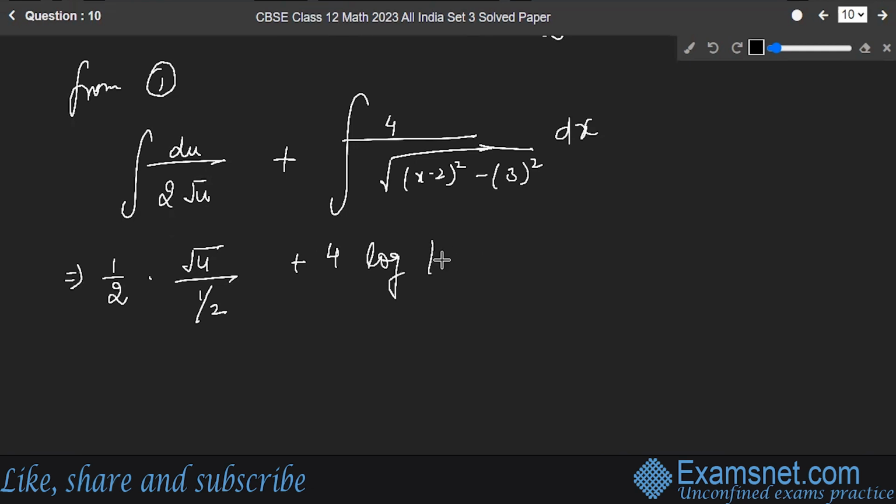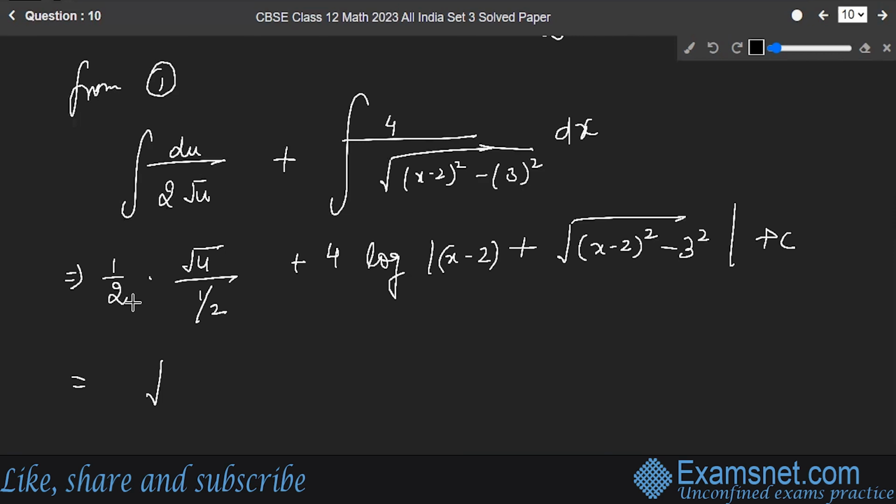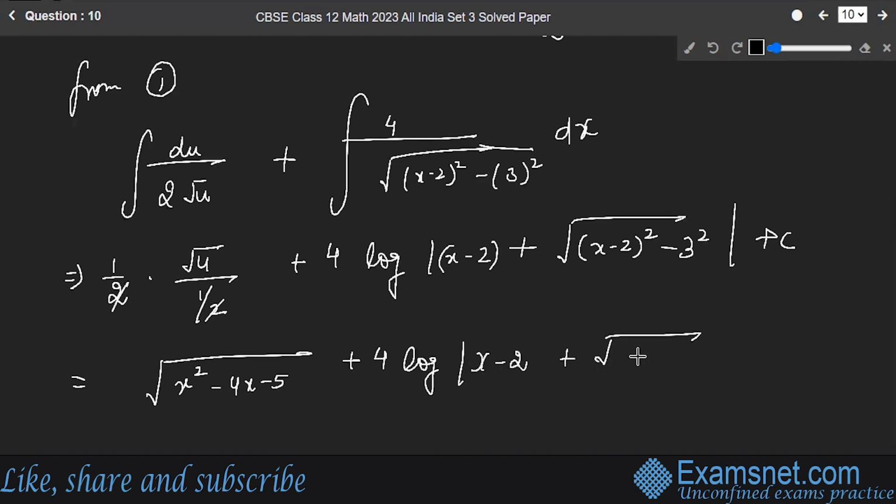This is the formula for log of x minus 2 plus root of x minus 2 square minus 3 square plus c. Yeah, this and this will cancel. So this is equal to root of x squared minus 4x minus 5 plus 4 log x minus 2 plus root of x squared minus 4x minus 5. On solving, this will give you this. So this is the answer to your first part.